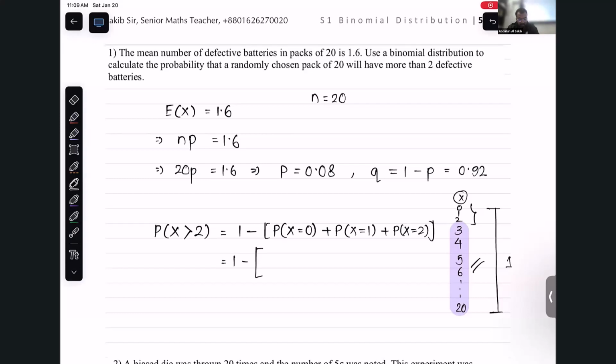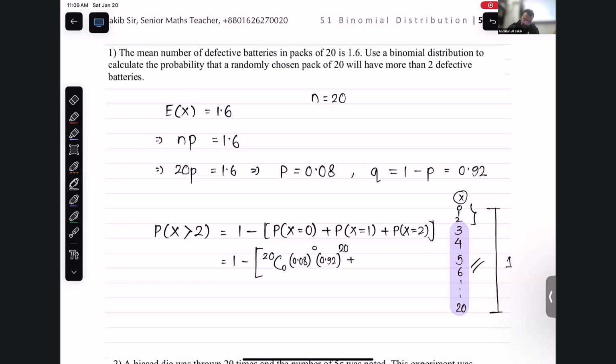Out of 20, 0 will have defective batteries. So just apply the formula 20C0. 0 will have defective batteries and 20 will be not defective, isn't it? Clear? So what's the probability of having a defective battery? 0.08, and not defective battery is 0.92.